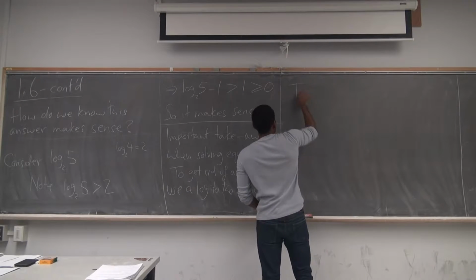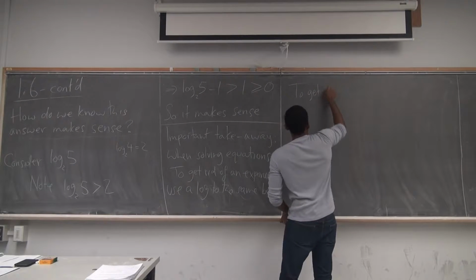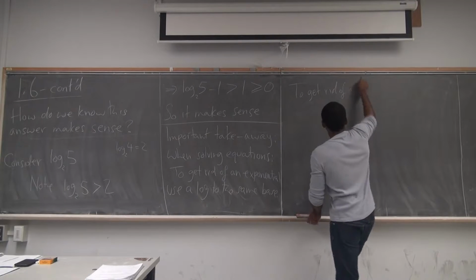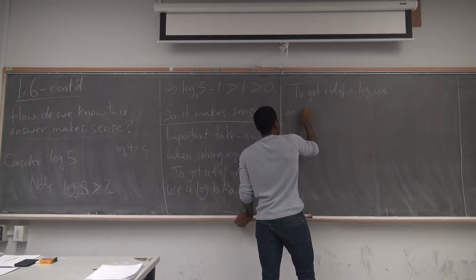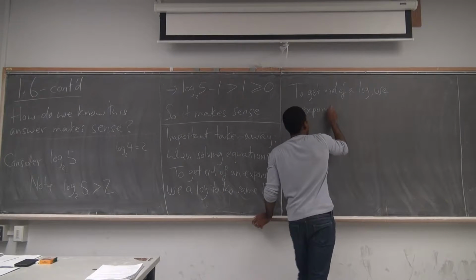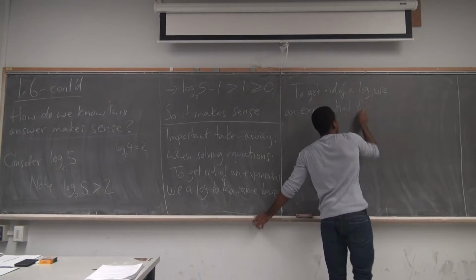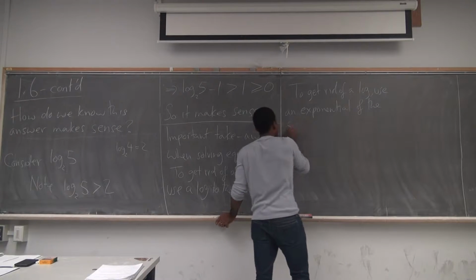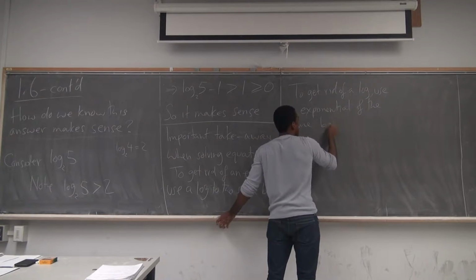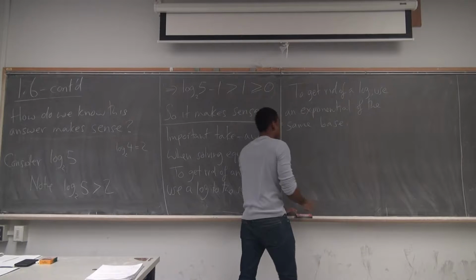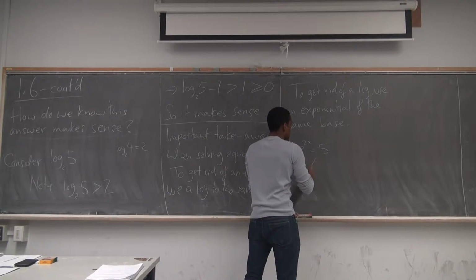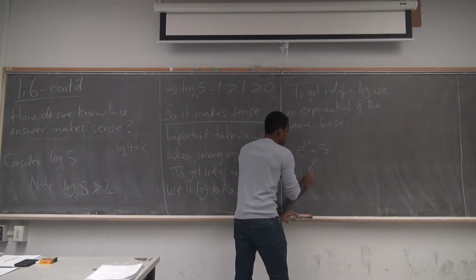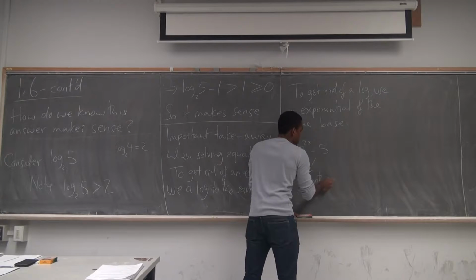And of course, vice versa, to get rid of a log, use an exponential to the same base. So if you see something like e to the 2x is 5, here you would ln both sides.